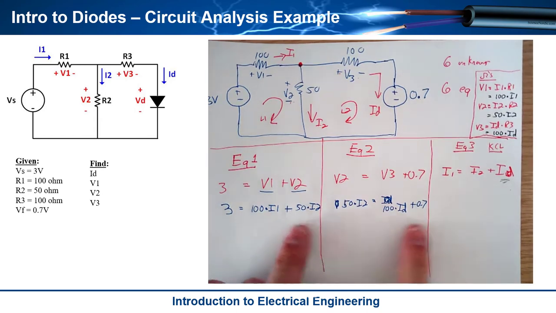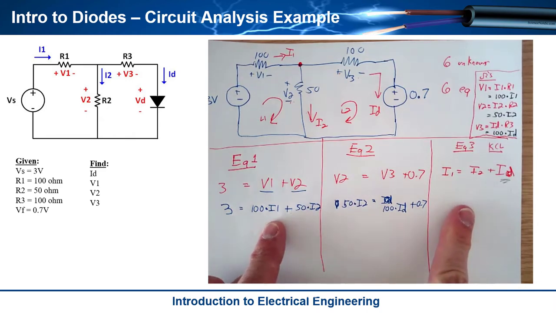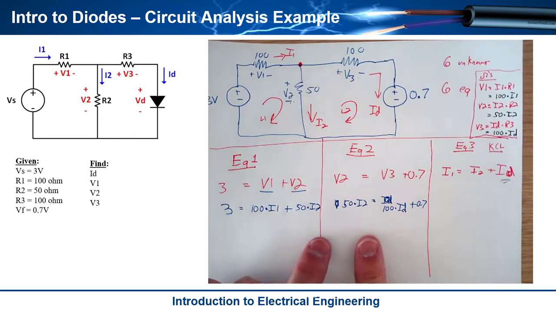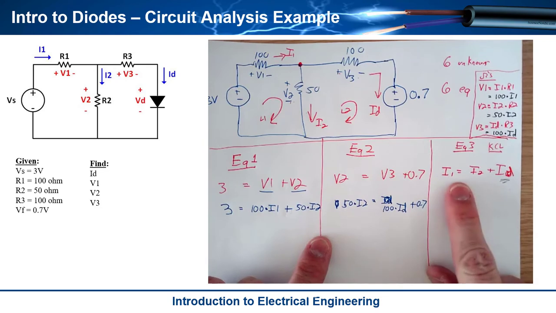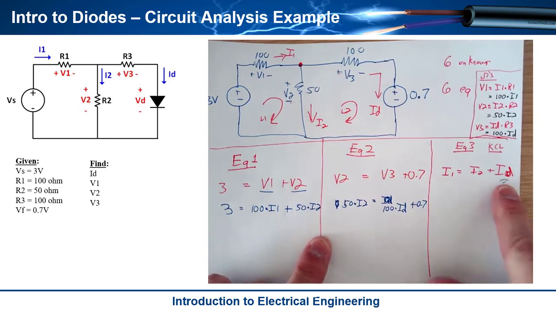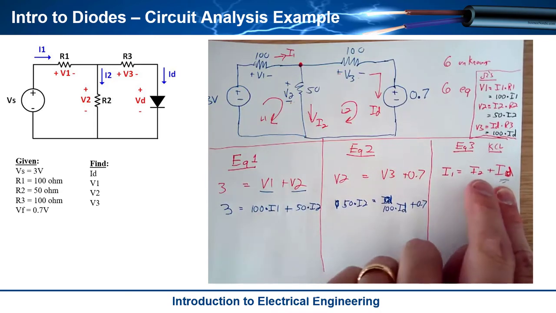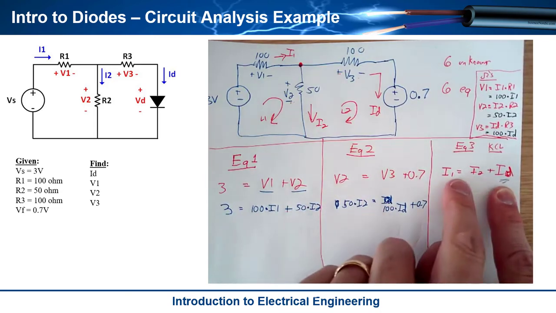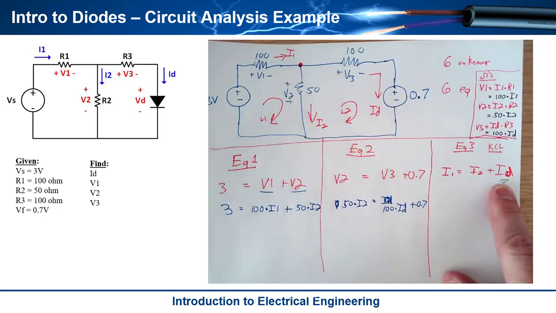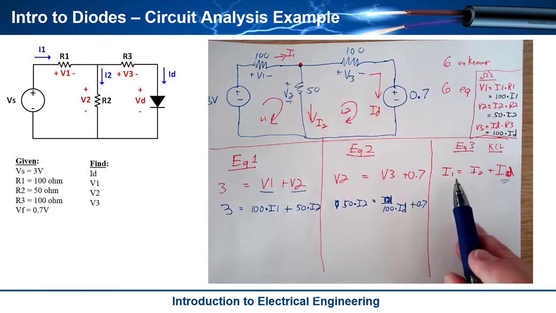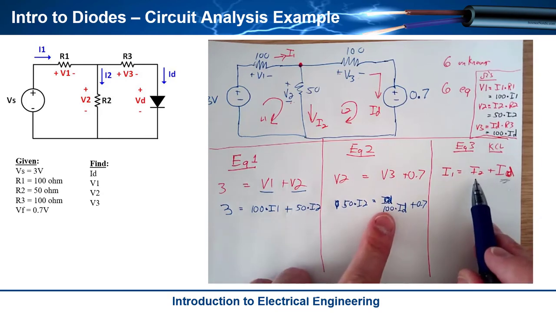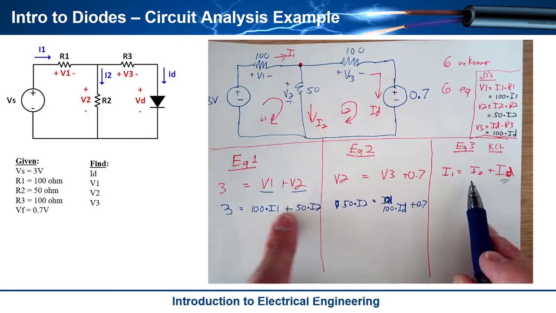How can I start eliminating other variables? Well, let's think about this. This equation right here, I don't want to get rid of ID, so I want ID to remain. I'm always trying to substitute into I1 and I2 and leave ID. Let's see what might happen if I substituted this in its current form into one of these two.